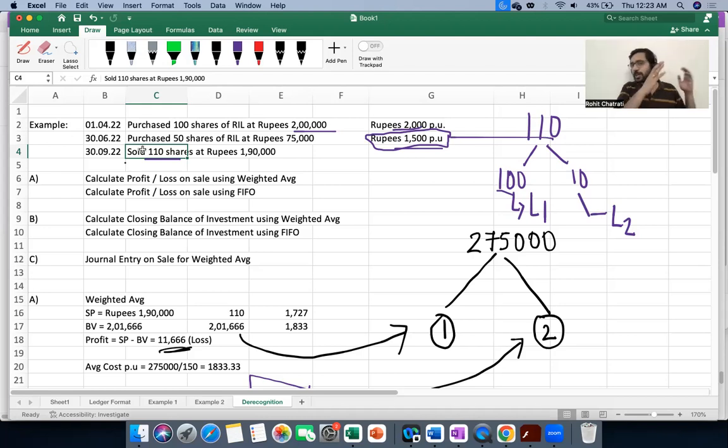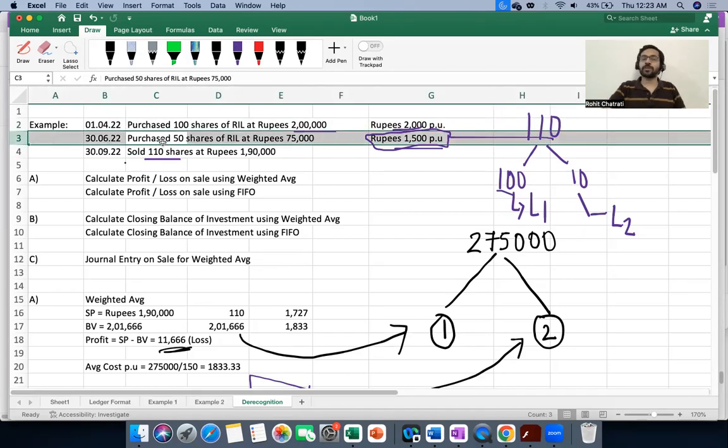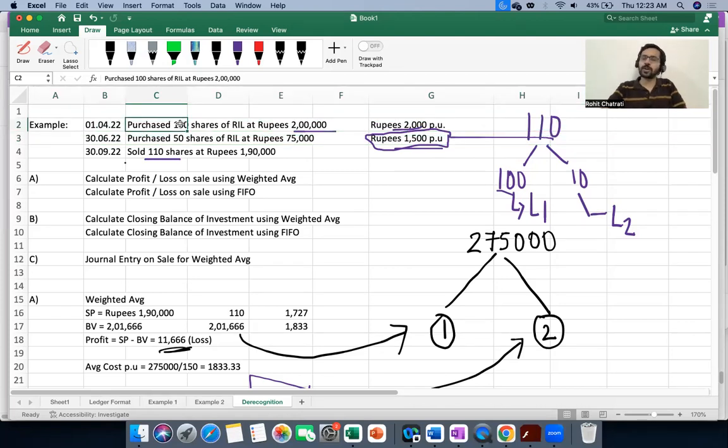Your closing balance: you had purchased 150 shares, you sold 20 shares, you're now left with 130 shares. Of those 130 shares, 80 shares are coming from lot 1, 50 shares are coming from lot 2. How am I saying 80 shares are coming from lot 1? Because out of this 100 you sold 20, you're having 80 shares left from lot 1, and the entire lot 2 is untouched, so you're having 50 shares from lot 2.